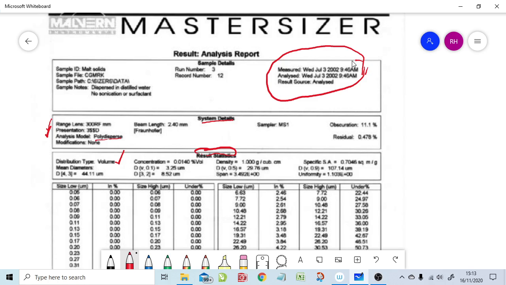So if we just focus on the smallest size, it is between 0.05 microns and 0.06 microns. So they're the two ranges, the grade boundaries, if you like, and this is the amount of material inside that range, which is obviously 0. And then we have the cumulative undersize just here.